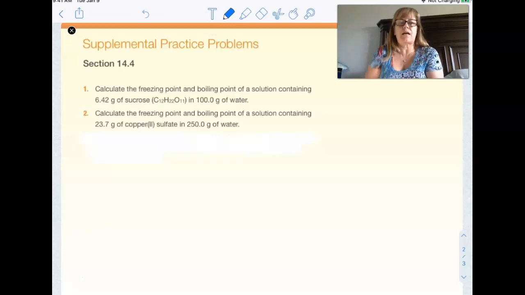So number 1, calculate the freezing point and boiling point of a solution containing 6.42 grams of sucrose. They give you the chemical formula there, in 100 grams of water. Okay, so they're not going to ask us here for the change in temperature. And remember, that's what our formula is.